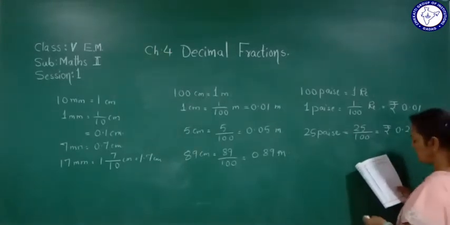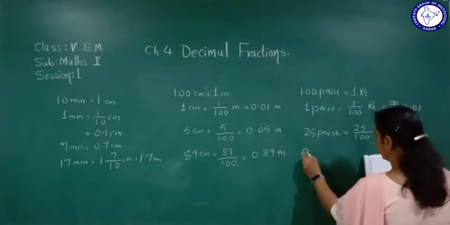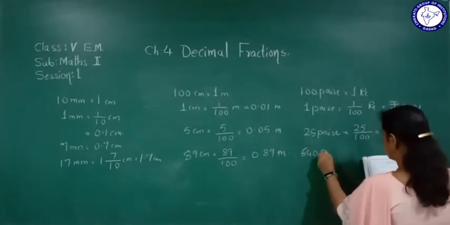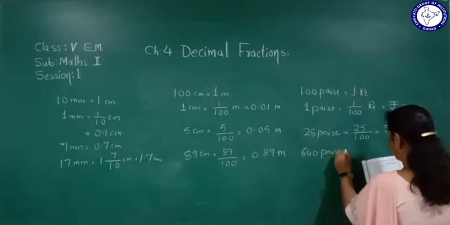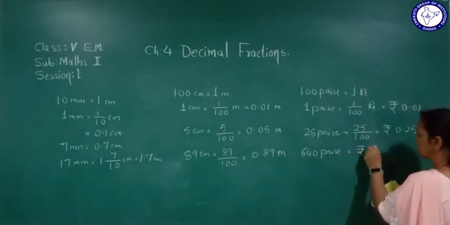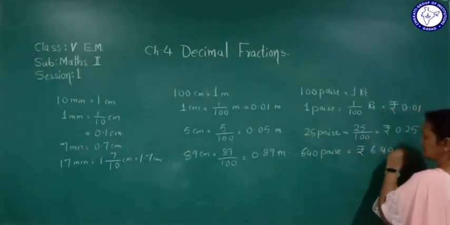Now if it is 640 paisa, then we write it as rupees 6.40.